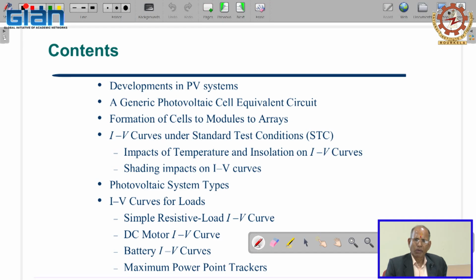Then when we have these IV curves for the photovoltaic system, what are the other components, like the loads? Loads could be of different types: a resistive load, or a DC motor load. We have the battery storage system, and then we talk about these IV curves and the MPPT trackers.